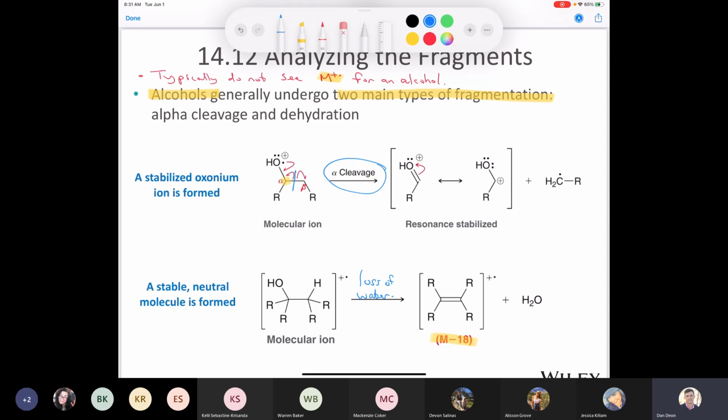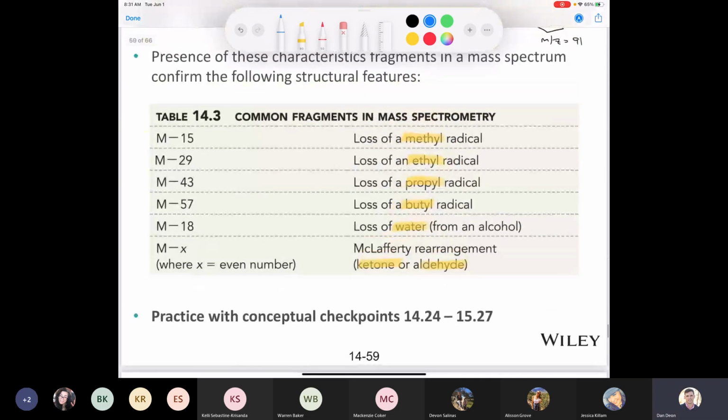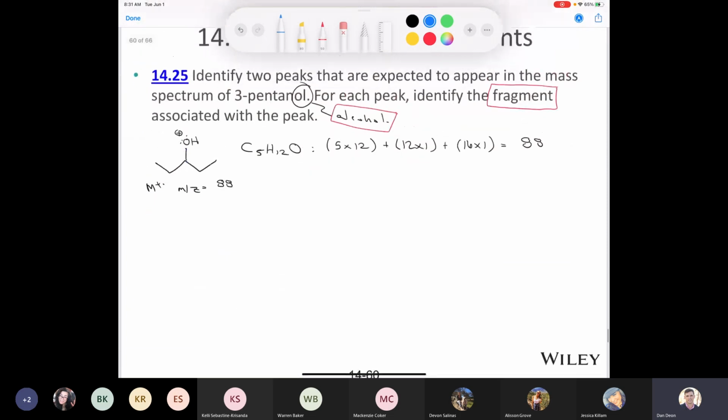If we go back to the question, even here you see loss of water from an alcohol. So we have loss of water or alpha cleavage. Let's do loss of water first. How much does water weigh? What's the mass of water?